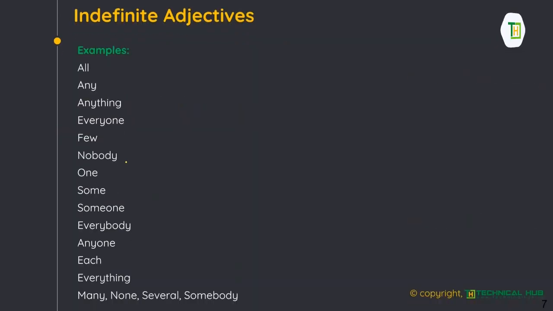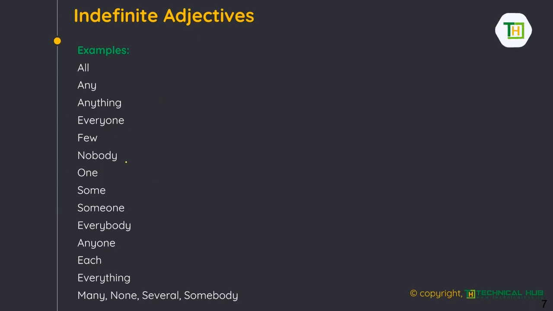So next, indefinite adjectives. This is the toughest task and toughest adjectives. See, we don't know about whom we are talking. And simply we say, all of you come inside. All of you, complete your project work, like that we can use. And the next one is any. Now you can bring any of your book. Anything you can give as a gift to your friend.